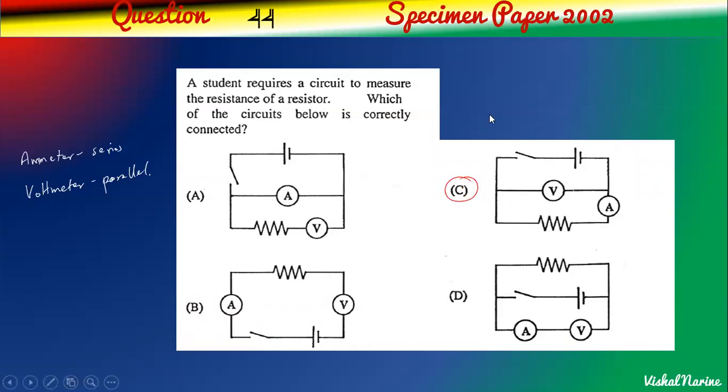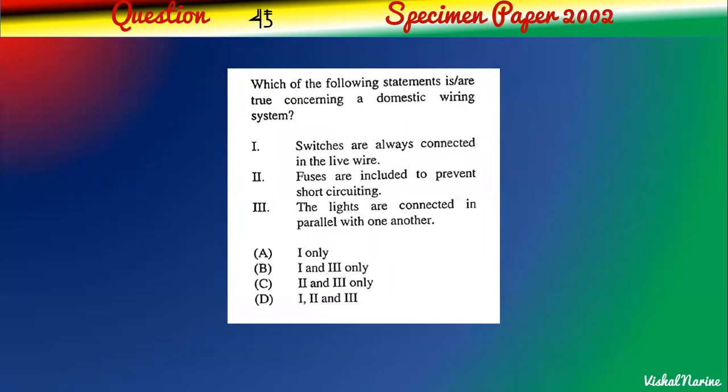Good. So, question 45. Which of the following statements is or are true about domestic wiring system?